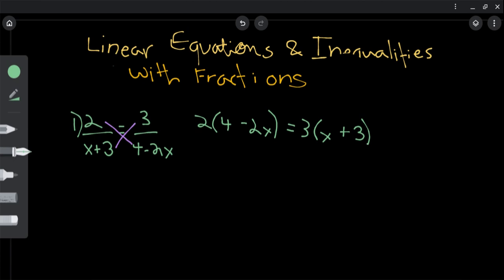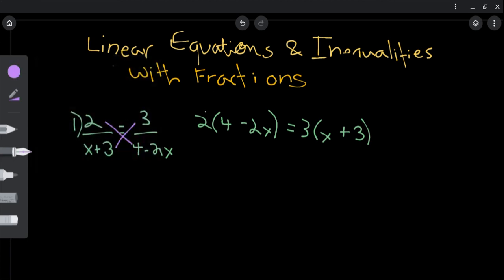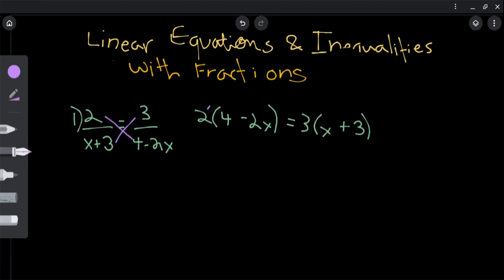So now we're going to solve it just like we solved the other one. And remember, the first thing we did was expand the brackets. So that's exactly what we're going to do now.